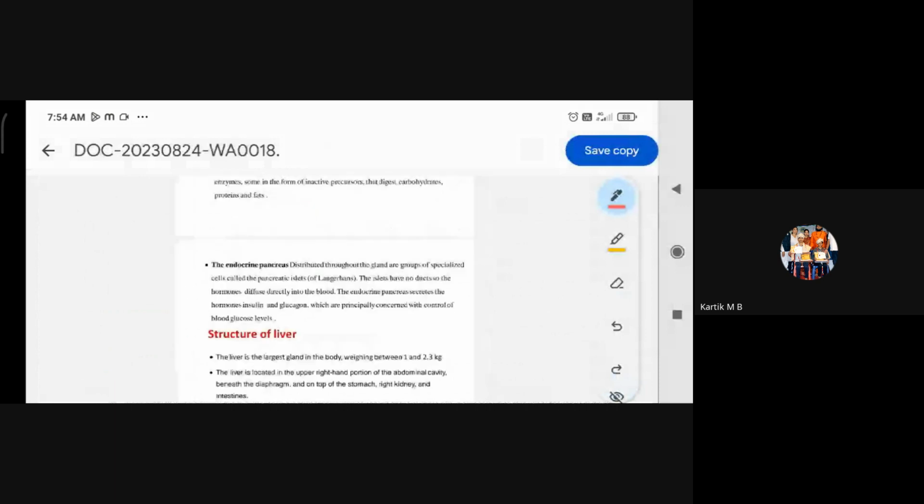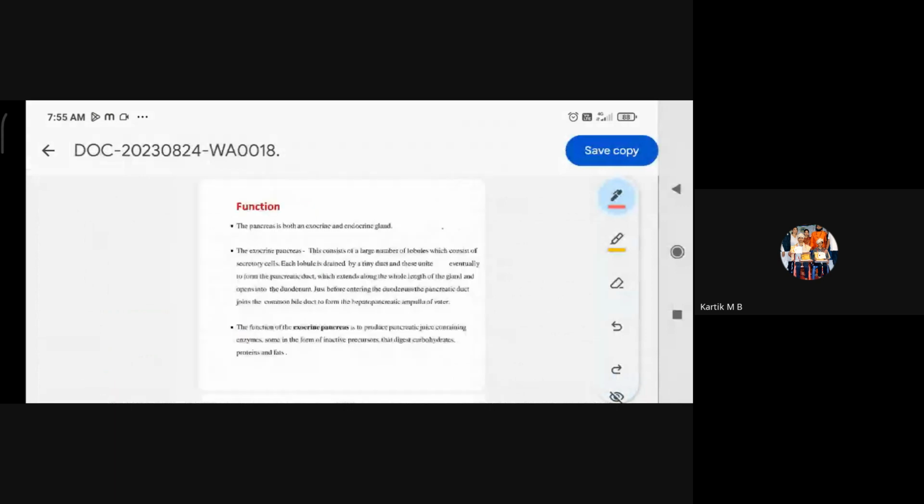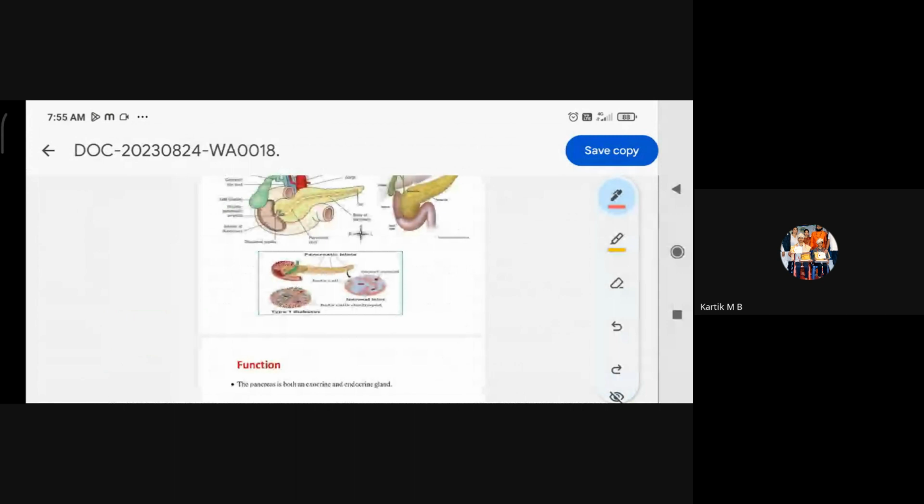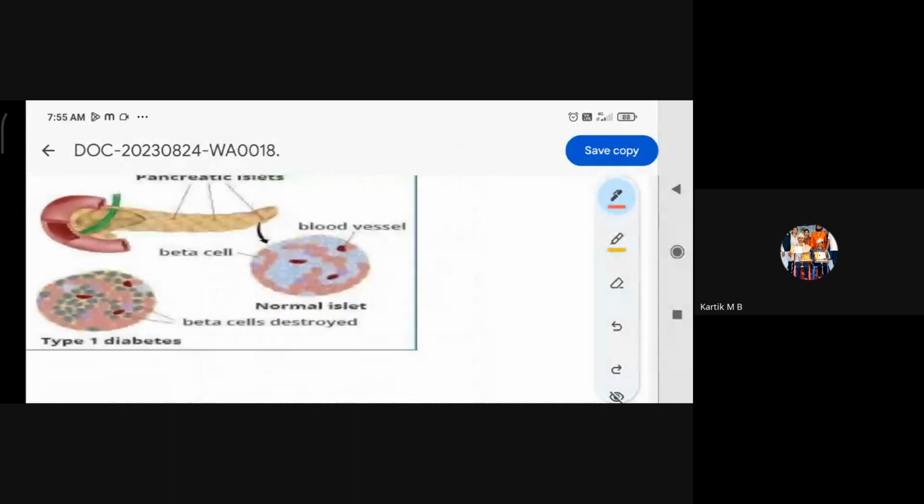Each and every cell in our body needs glucose, right? So glucose is carried by the blood to each and every cell.